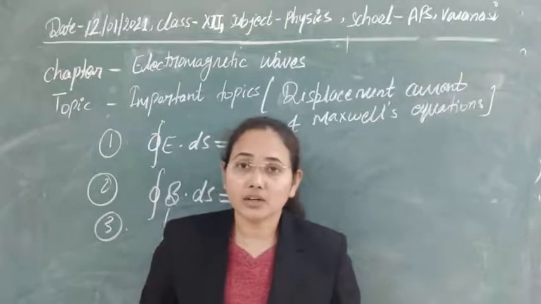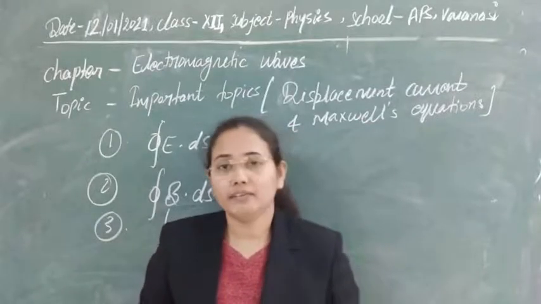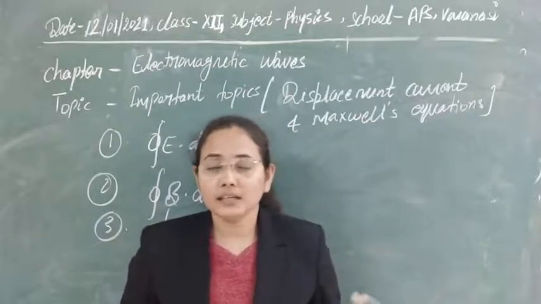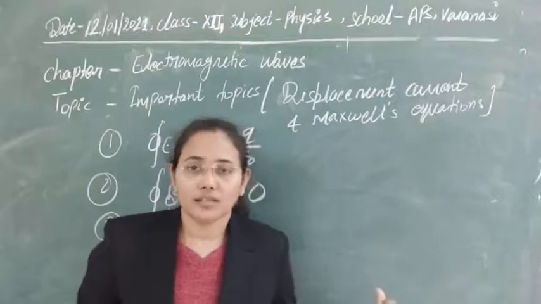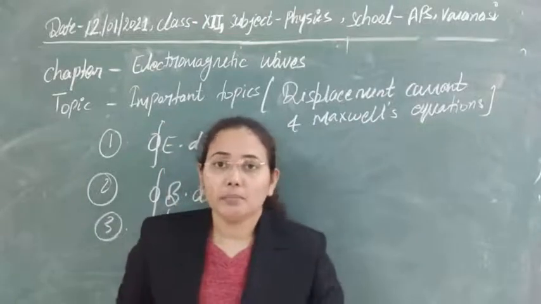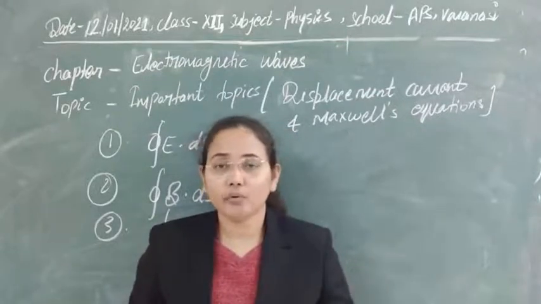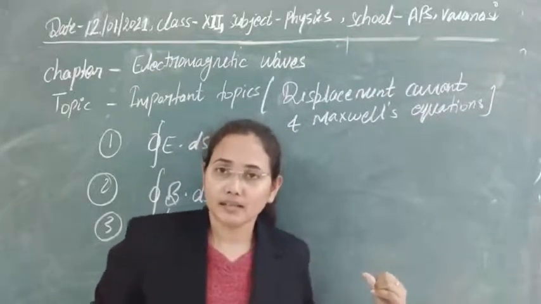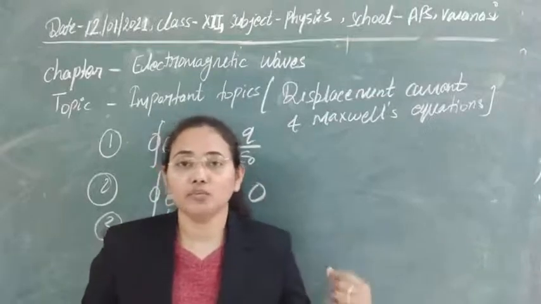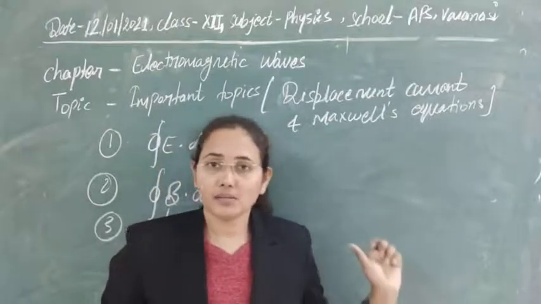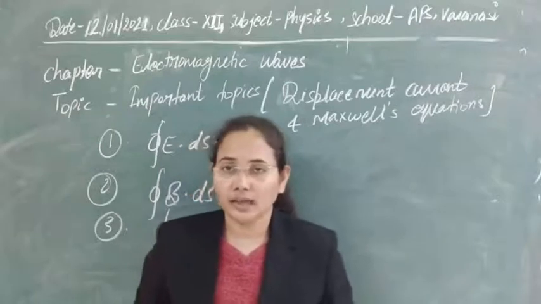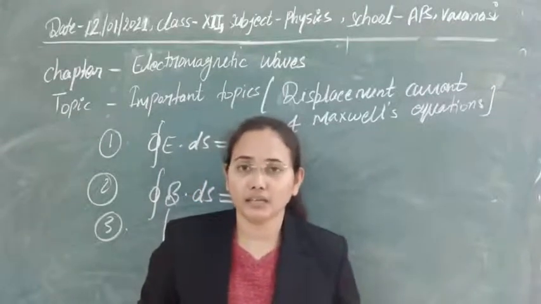So this is the basic law through which you can calculate electric field or potential easily in electrostatics. Similarly, in magnetostatics, you can calculate the magnetic field at any point due to any moving charge, and Gauss law of magnetostatics helps us a lot, and with the help of that we can calculate it.